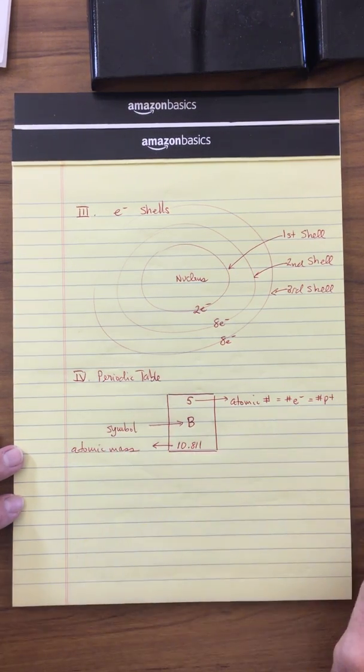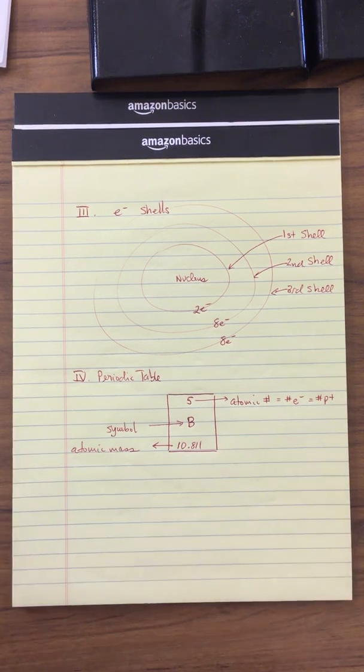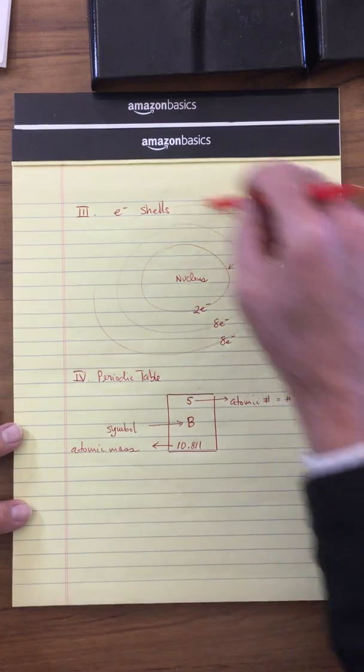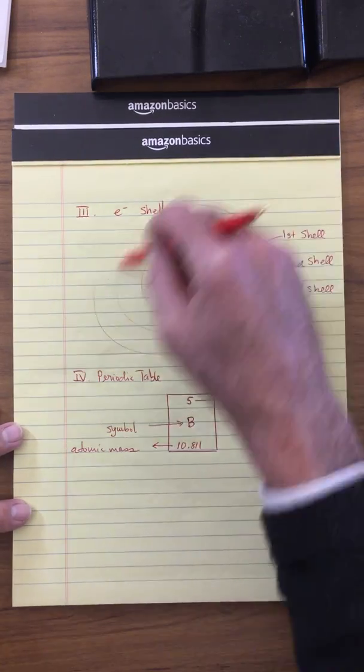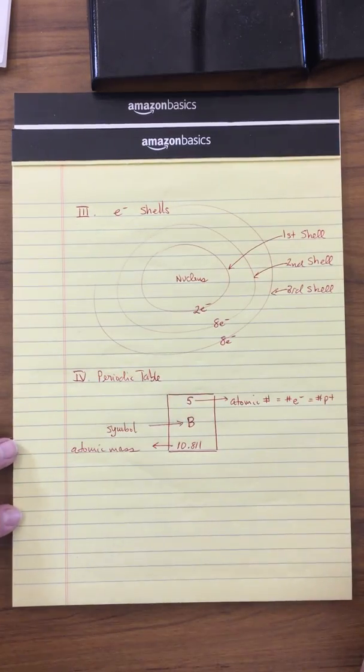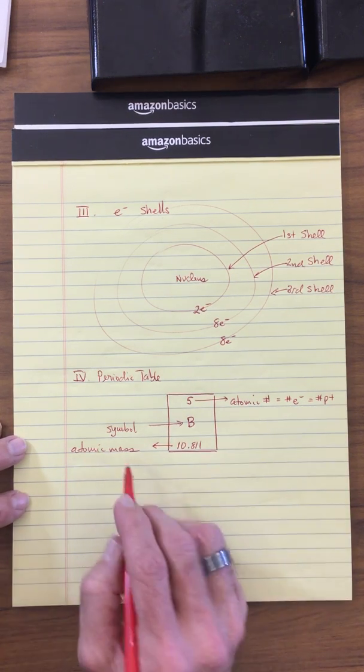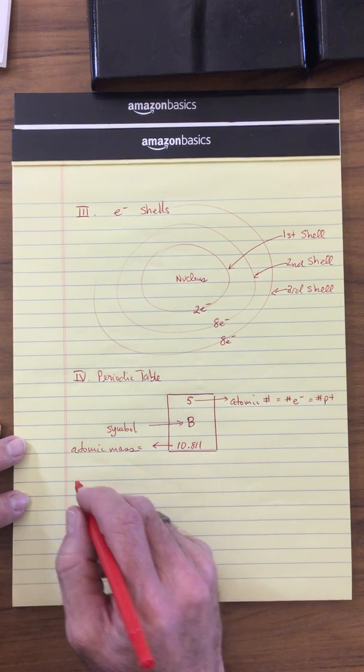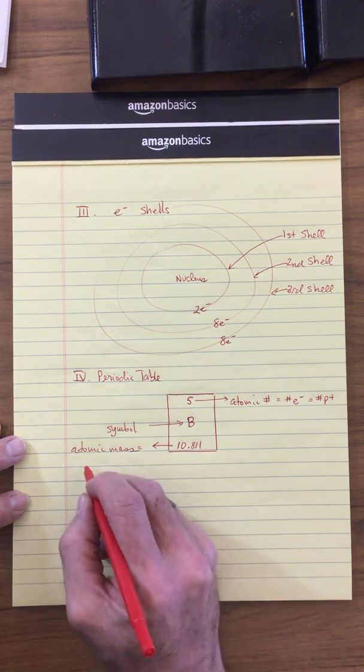It's the atomic mass. And what I mean by the atomic mass is how much the protons and neutrons weigh. The electrons that are in the shells are so tiny compared to our protons and the neutrons. So what this really is, is the mass of the nucleus.